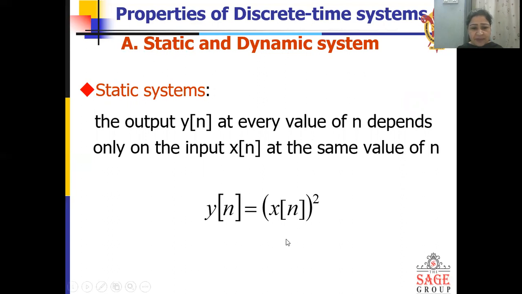The common example is y[n] = x[n] whole square, that is y[n] = x²[n]. Here y[n] is the output, x[n] is the input. So here present output depends only on the present input. It does not depend on the past or future inputs. And the system which does not obey this rule, that means it depends also on the past and future inputs, is known as dynamic system.